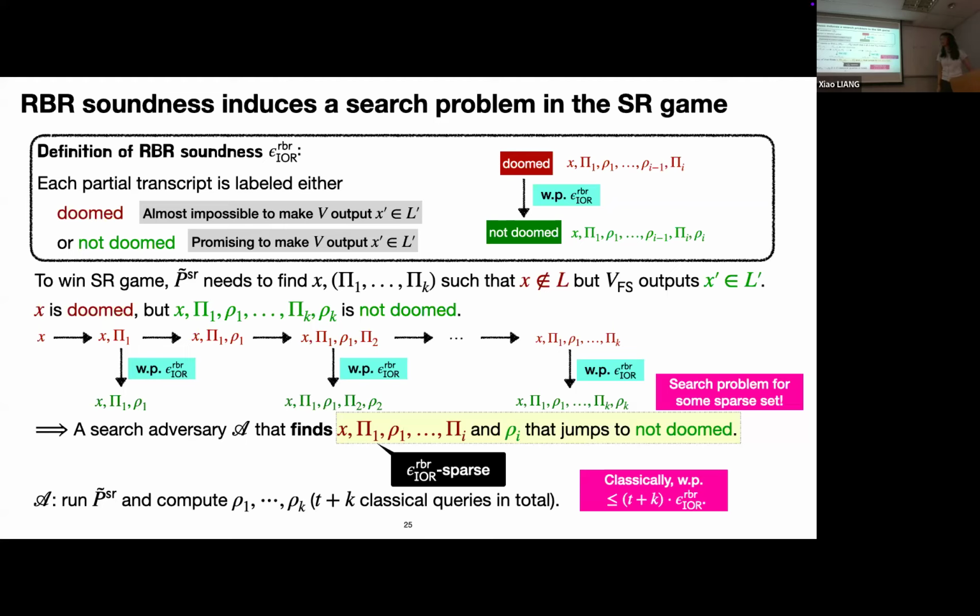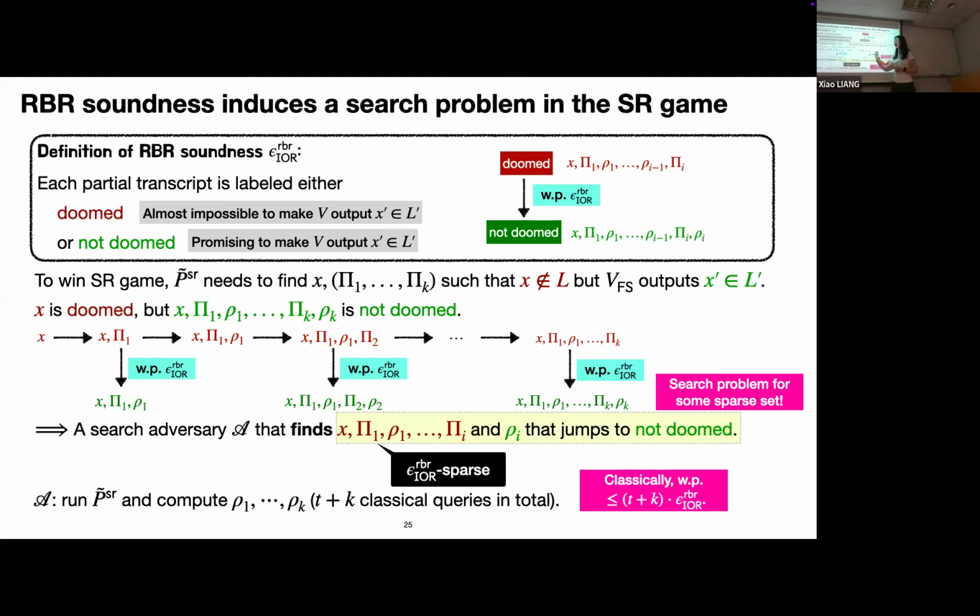Then your solution A is to run P to compute row 1 to row k, and then, as you already explained, find this solution from row 1 to row k. So if the state restoration prover is able to find something that wins the SR game, it means it has found something that goes from doomed to not doomed, and you can construct an adversary for the search problem.